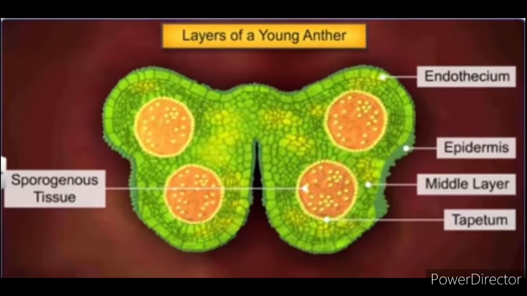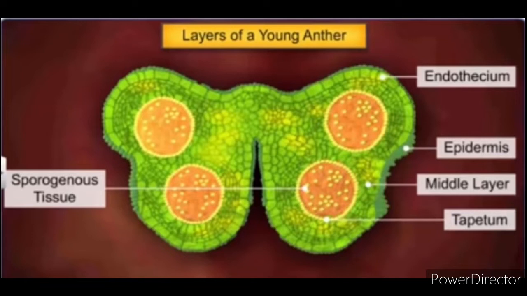Then in one anther, four layers are present. First one, epidermis, the outer layer, provides protection. Second is the endothecium. It is present below the epidermis. It is a single layer, hygroscopic, and fibrous thickenings are present.